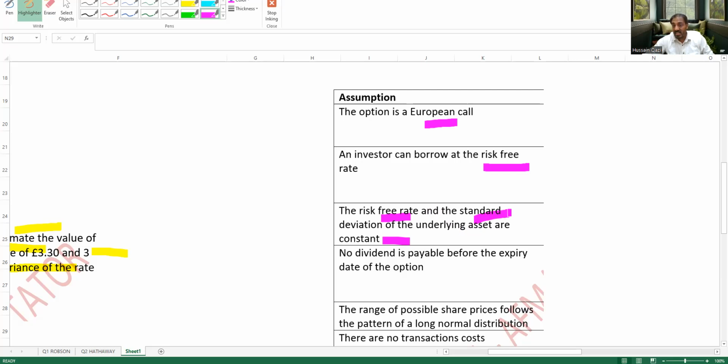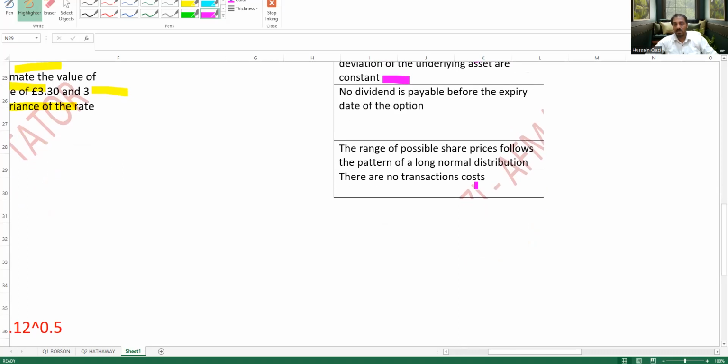We use the standard deviation. Standard deviation means the value of the option is based on the volatility of the share price. Whatever the volatility in the past, that will occur the same in the future. That is an assumption. And the very important thing: assume no transaction cost.